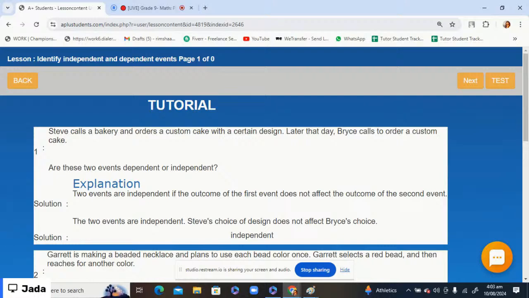Or another example: how long you sleep is the independent variable and affects your test score, which is the dependent one. But your test score does not affect how long you sleep. This is the difference between dependent and independent events.